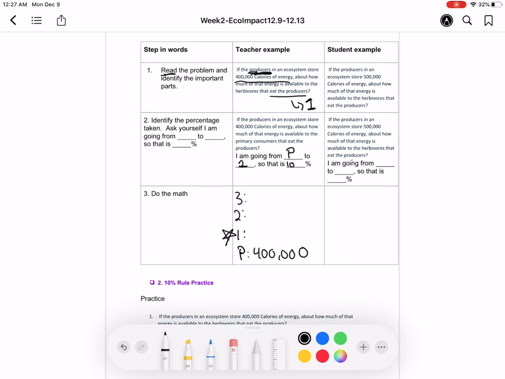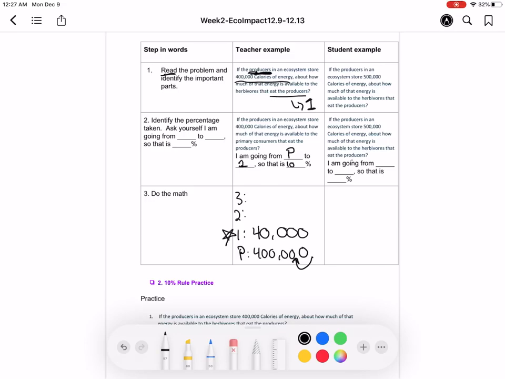So for 400,000 calories, I know that my decimal is all the way over here. In order to calculate 10%, I just move it over 1. So that means I have now 1, 2, 3, 4 zeros. So 10% of 400,000 is 40,000.